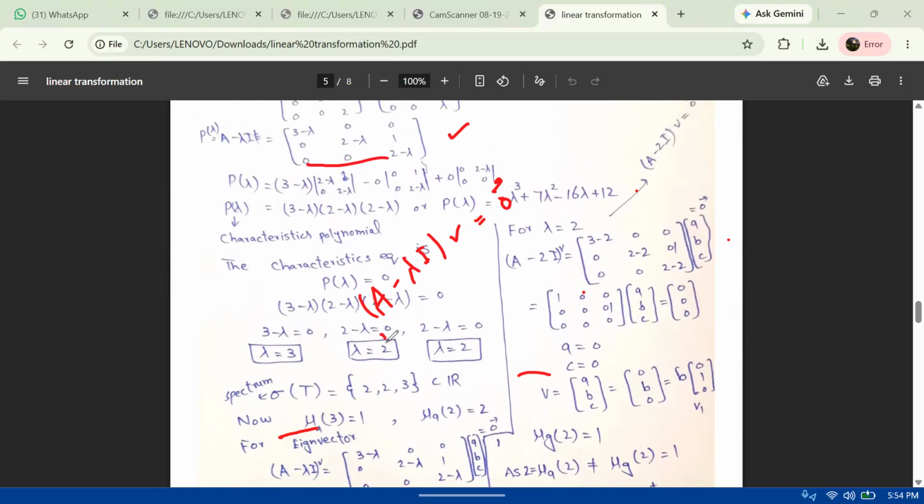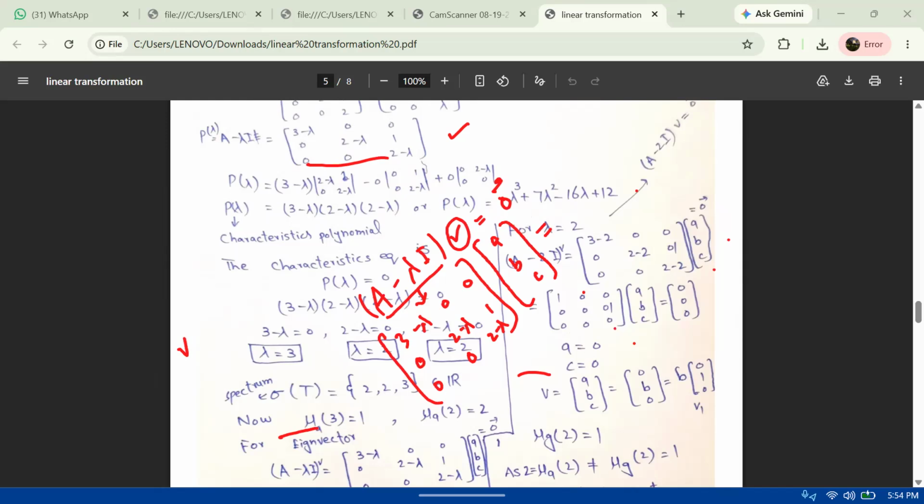You put the A minus lambda I matrix in place of this one: 3 minus lambda, which you have already found, 0, 0, and then 0, 2 minus lambda, 1, and 0, 0, 2 minus lambda. After that, you multiply with a, b, and c.